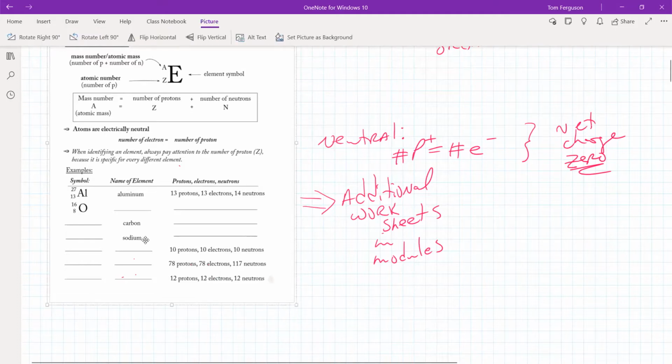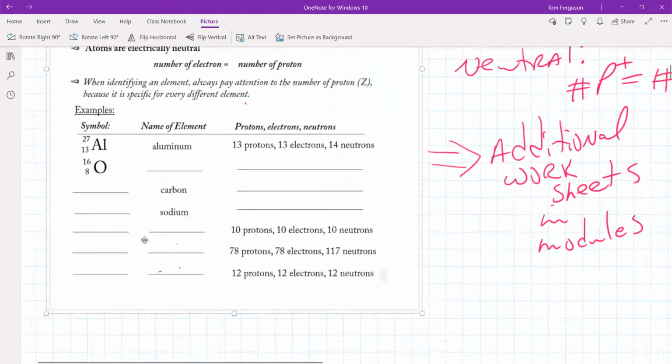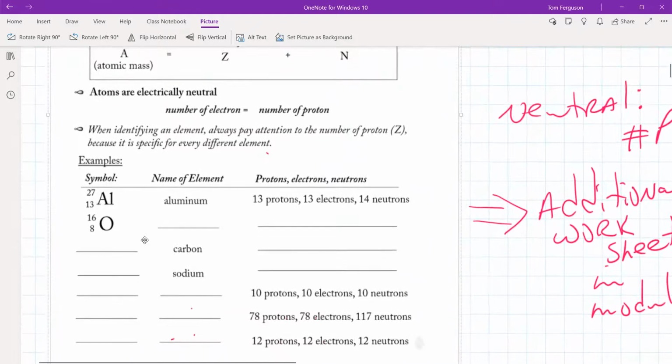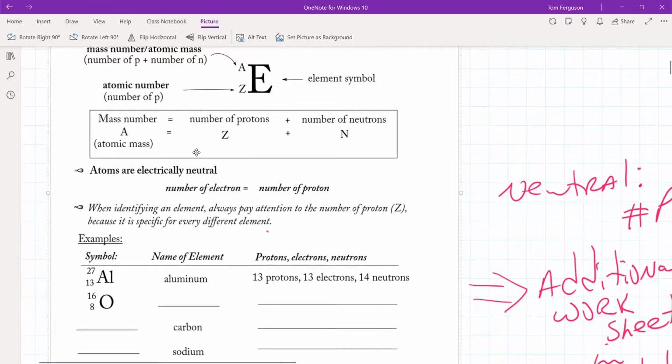All right, so let's look at this here. We've got a couple things here. Whenever we talk about an element, we always talk about its properties. One of the properties is the electrons, protons, and neutrons in that element.